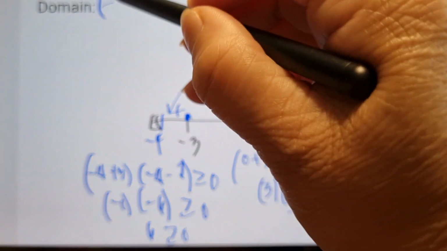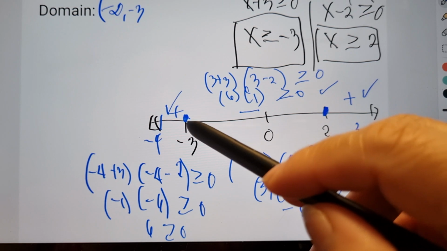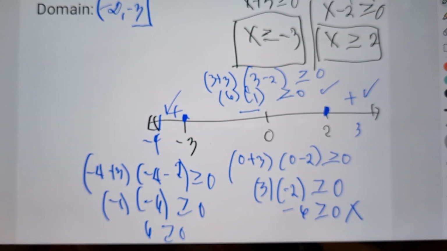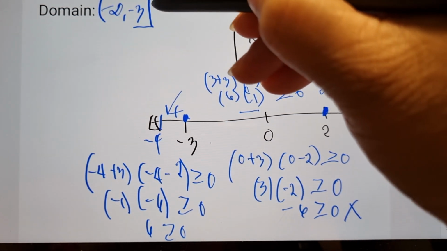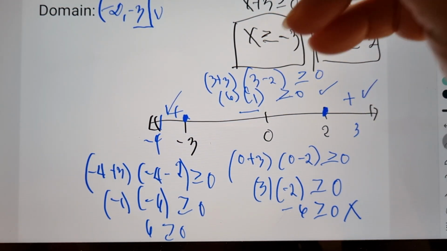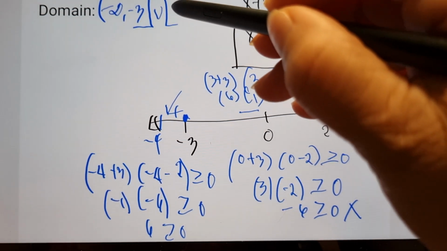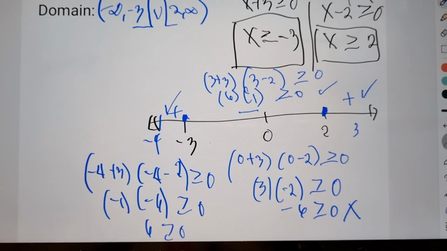So now the domain, okay, so from negative infinity, then negative 3 here, and since kasama siya, yan ang magiging symbol na gagamitin natin. And then kasali din ang positive 2. Then up to positive infinity. Okay.